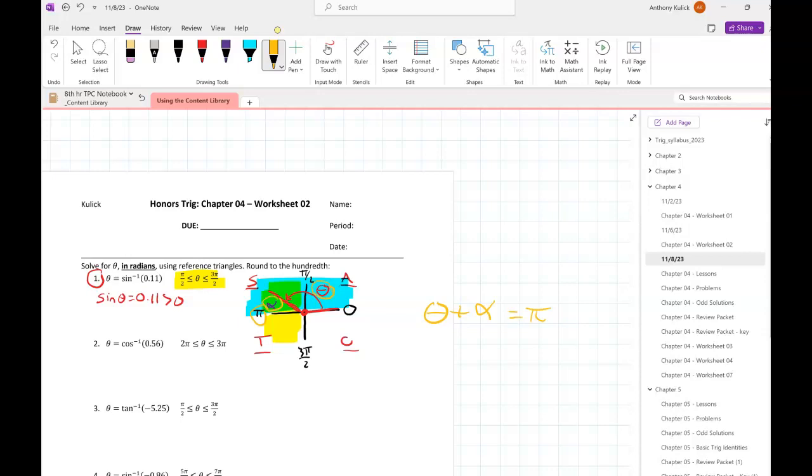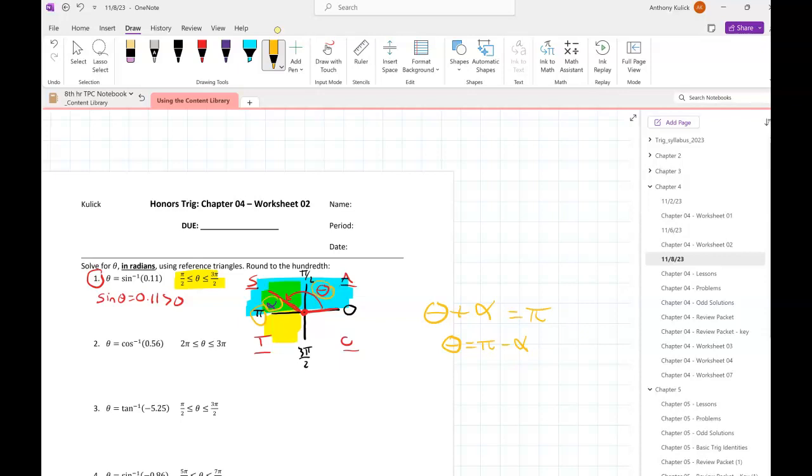Now, to solve this equation for theta, what should I do to both sides to get theta by itself? Subtract alpha. This is some algebra 1 stuff right now, just subtracting something from both sides to get an isolated variable. Yes? Sure.